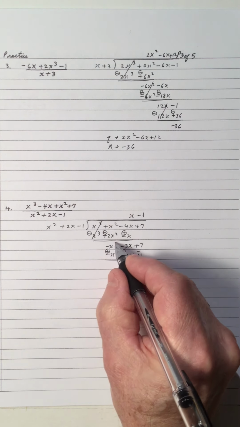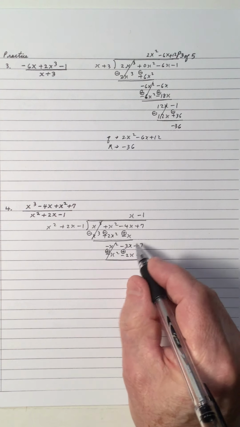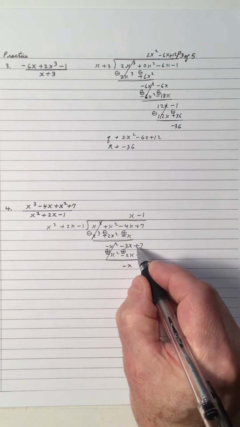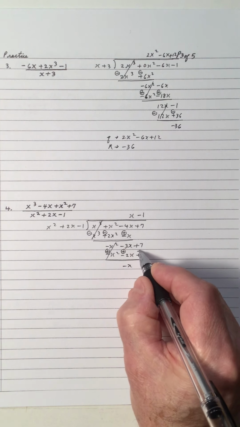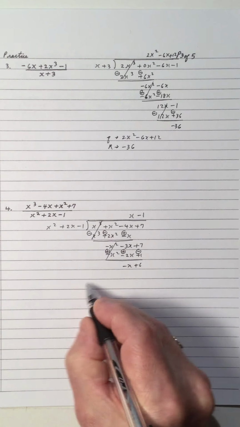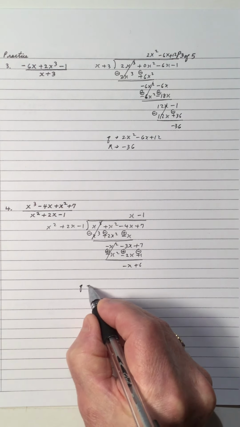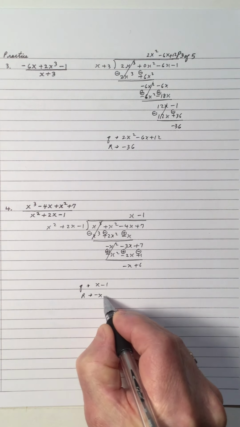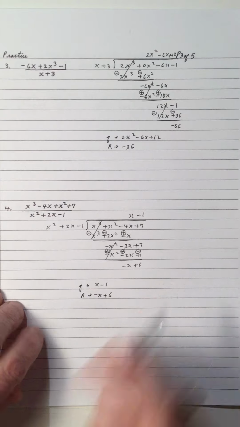Negative x squared plus x squared cancels out. Negative 3 plus 2 is negative x. And 7 subtract 1 is 6. So the quotient this time is x minus 1. And the remainder is negative x plus 6.